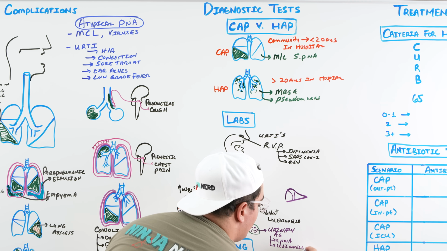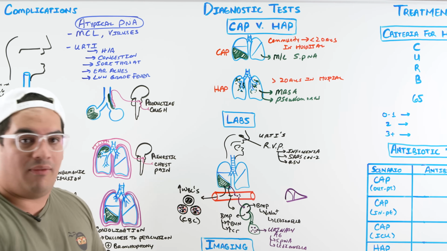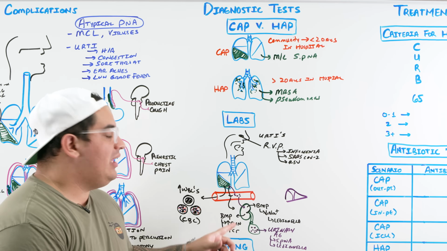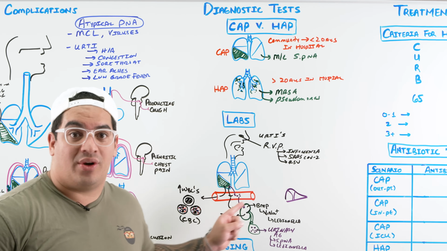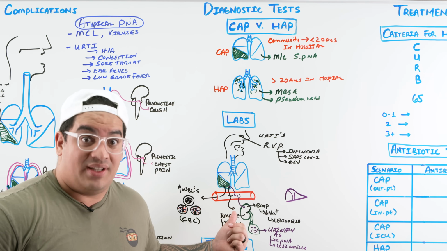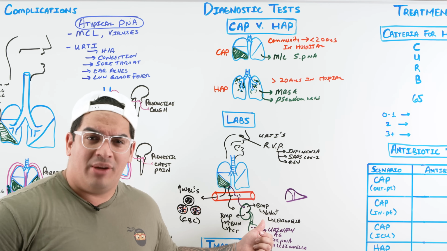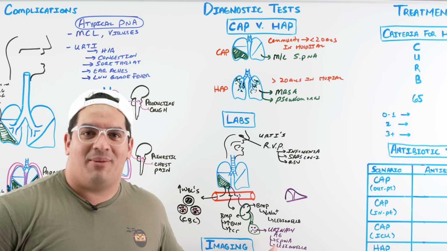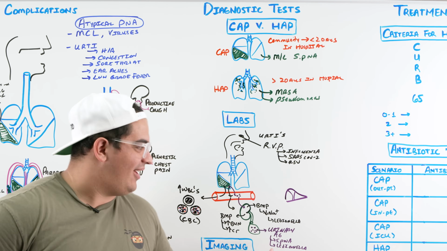All right, baby. So these are some of the things I would start off with. A CBC to look for a leukocytosis. That's probably the easiest one. A BMP to look for any acute kidney injury or hyponatremia. Acute kidney injury would be more concerning for early sepsis. Hyponatremia is suggestive of Legionella. And then consider the urinary antigens to look for strep pneumonia or Legionella.